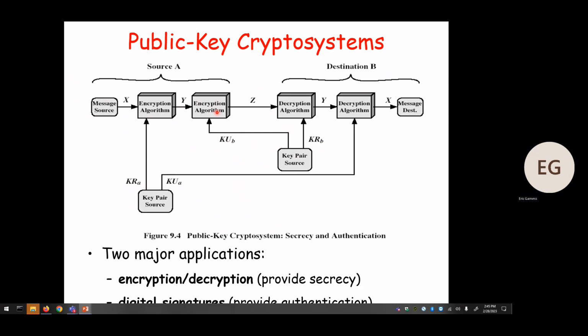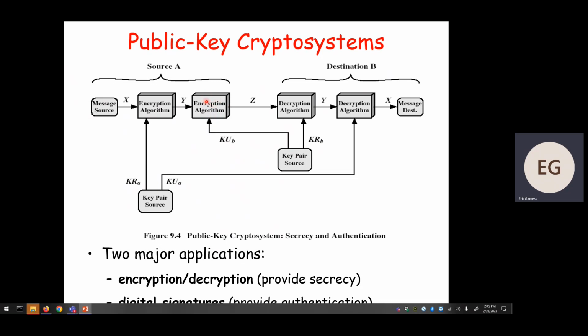Why? Because Bob has the private key. Look, this was encrypted with the public key of Bob. To decrypt it, what do I need? I need the private key of Bob. Who has the private key of Bob? Only Bob. So Bob will be able to decrypt because she encrypted with the public key of Bob. Only Bob can decrypt.